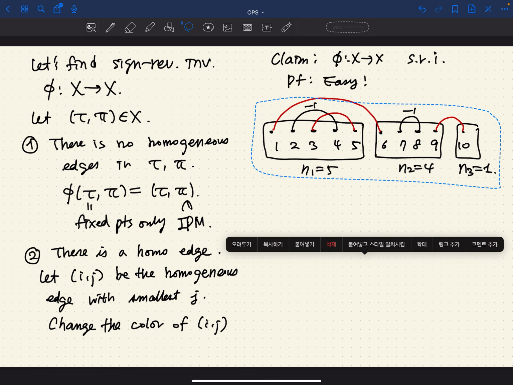So if you have a cycle like this, every arc is inhomogeneous. It may have two elements in the same set, but they are not going to be adjacent. Okay.